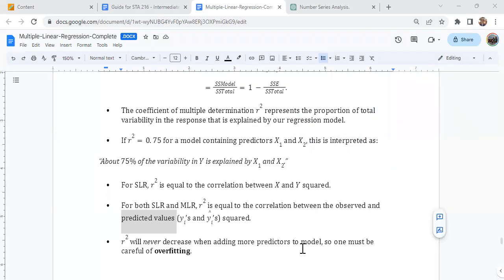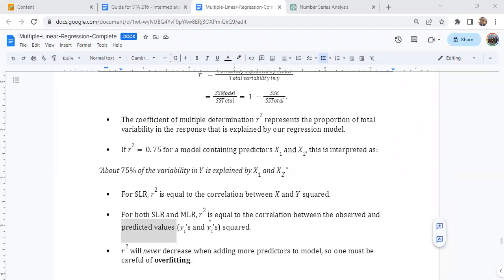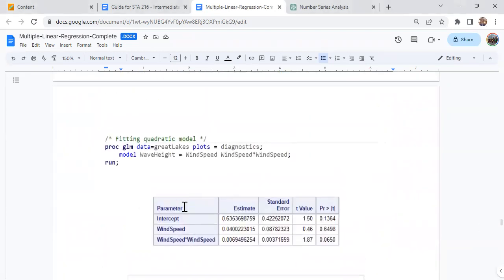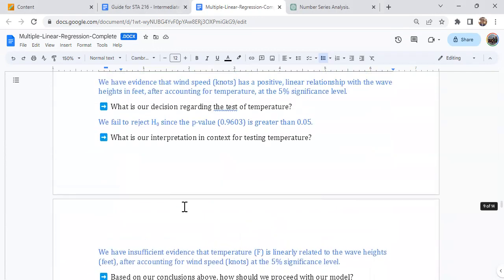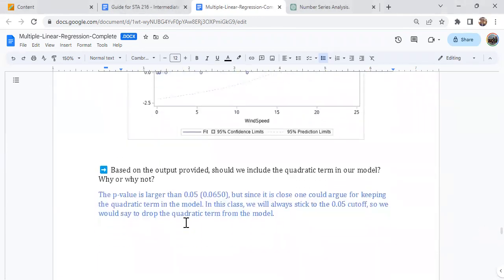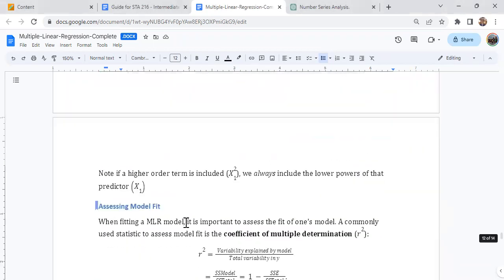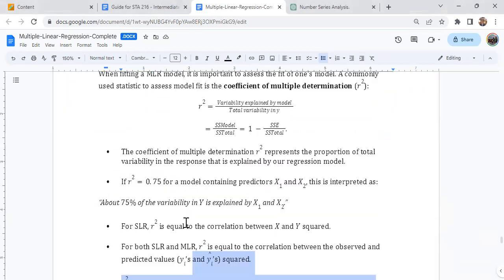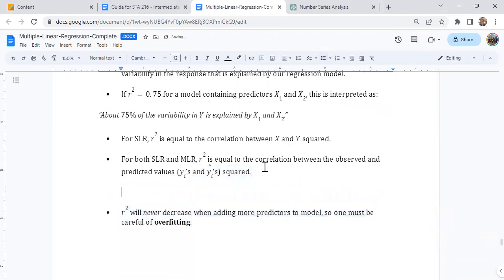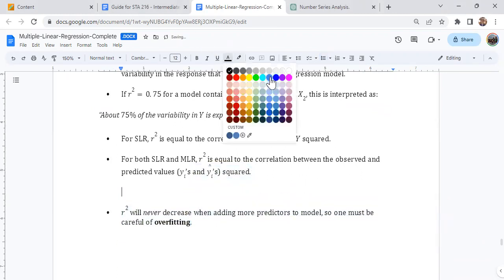Okay, so before we get to overfitting here, let's see what the R squared was, even though it's not asked for in a bullet here.